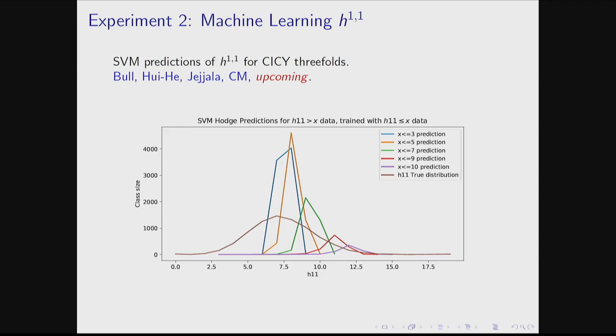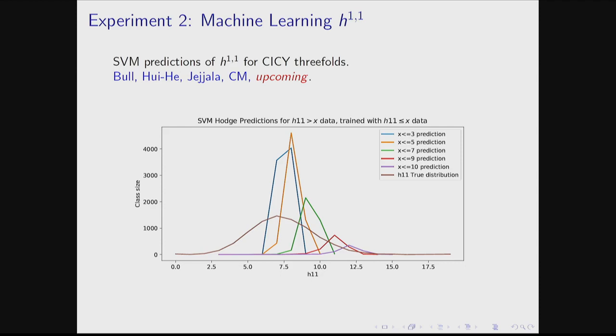And the blue curve is the one where we have only fed the neural network not randomized data from the CC list, but only data for manifolds with H11 less than or equal to 3. And here it predicts the nature of the distribution correctly. It predicts a peak, albeit at the wrong place.